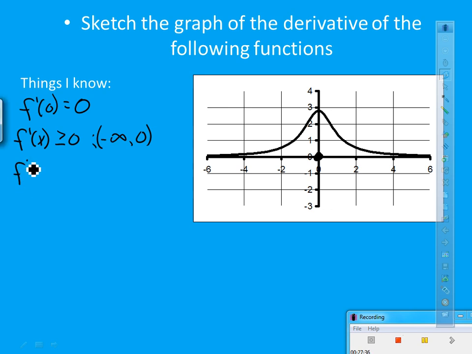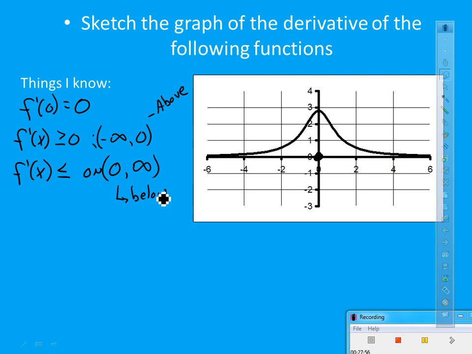I know that my slopes are decreasing on 0 to infinity. So what does that tell me? I know I'm above the x-axis from negative infinity to 0, and I know I'm below the x-axis from 0 to infinity. That's all I've got so far.